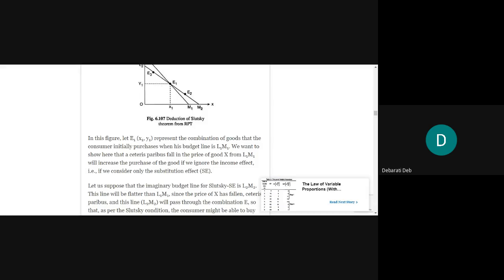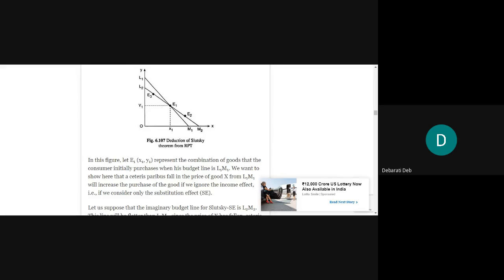if we ignore the income effect and say that the price of X is falling, and thus the purchasing power of the consumer will increase.